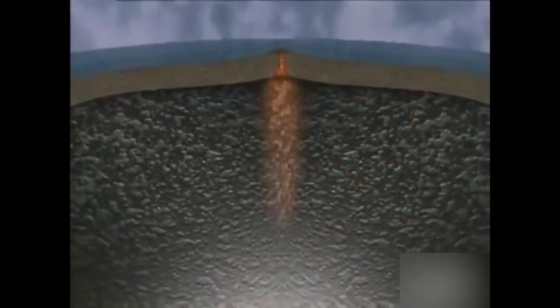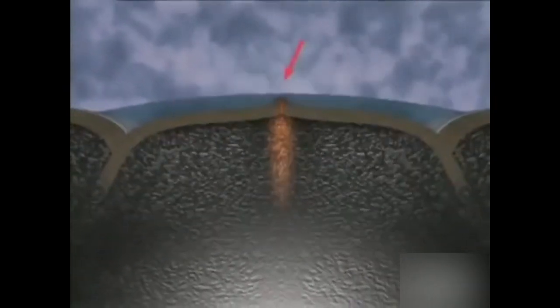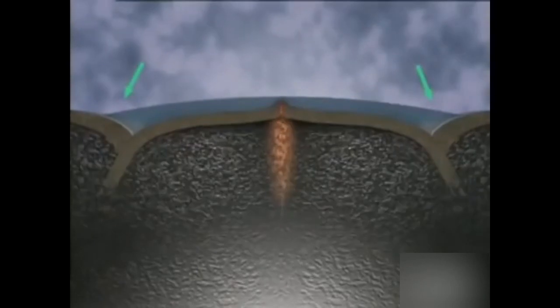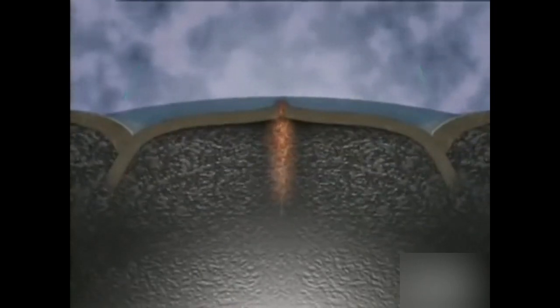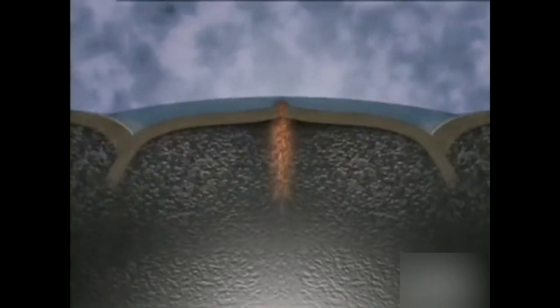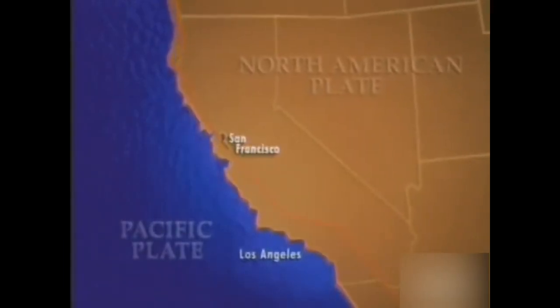Eventually, this red-hot material rises to the surface and explodes, creating a volcano. So new crust is born at mid-ocean ridges and destroyed at deep ocean trenches, like a never-ending conveyor belt. And two plates simply nudging each other can cause catastrophic results, like when the San Andreas Fault slipped in 1906.